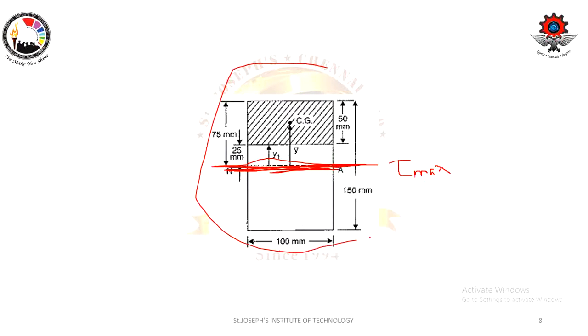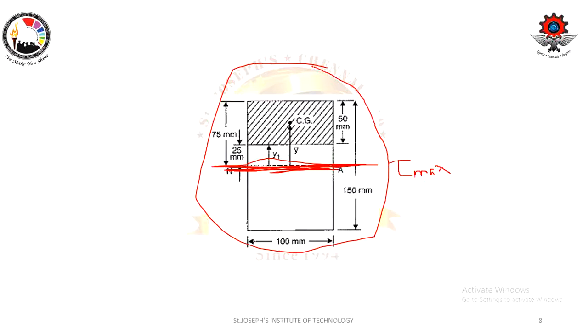Since in this shear stress and shear stress distribution diagram in the beam, we are going to concentrate mainly on the I section. The I section is mainly composed of rectangular sections only.